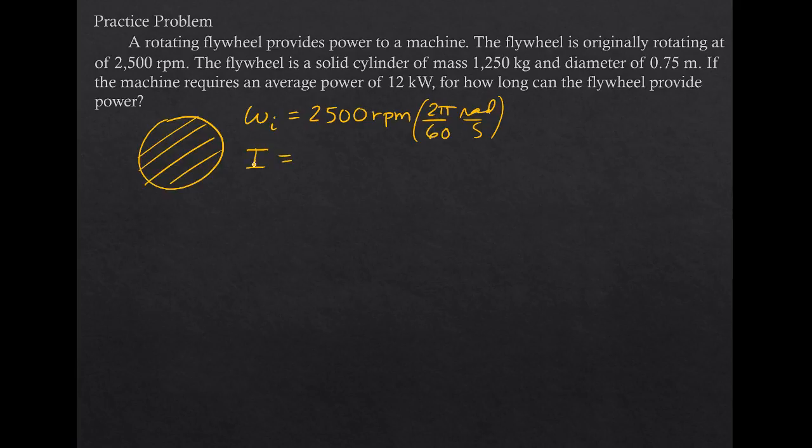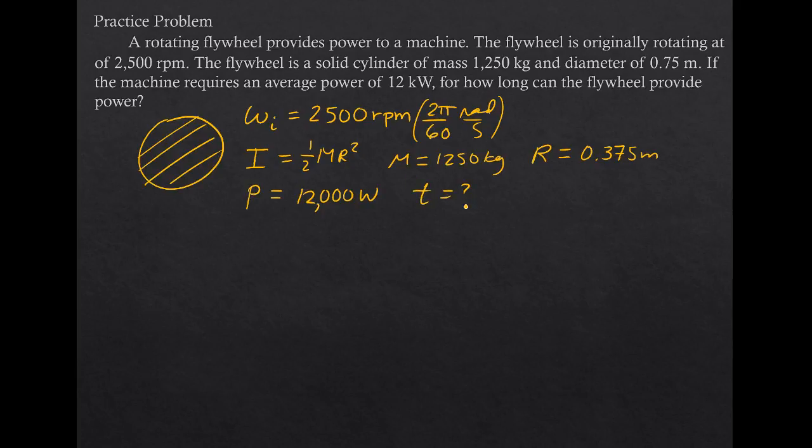So I is 1/2 mr squared, and it's got a mass of 1,250 kilograms, and it's got a diameter of 0.75, so a radius of 0.375 meters. And if the power is 12,000 watts, how long can the flywheel provide this power?